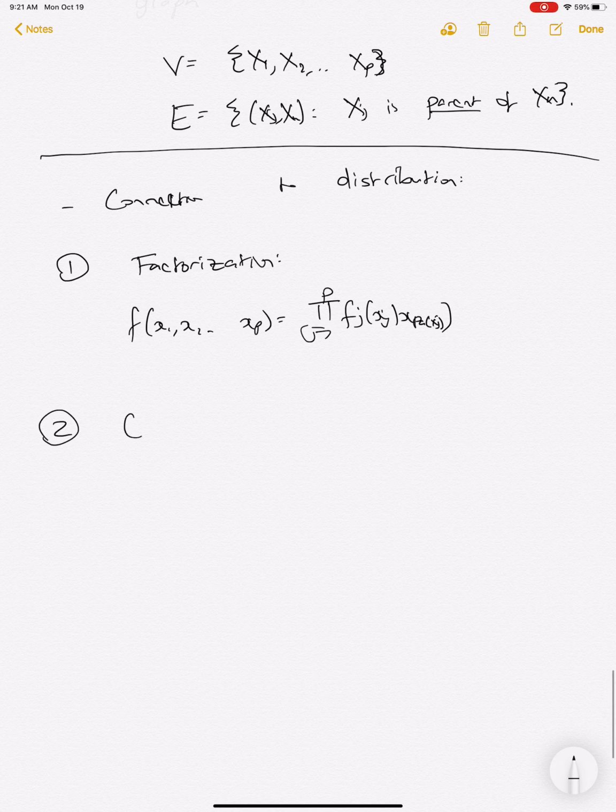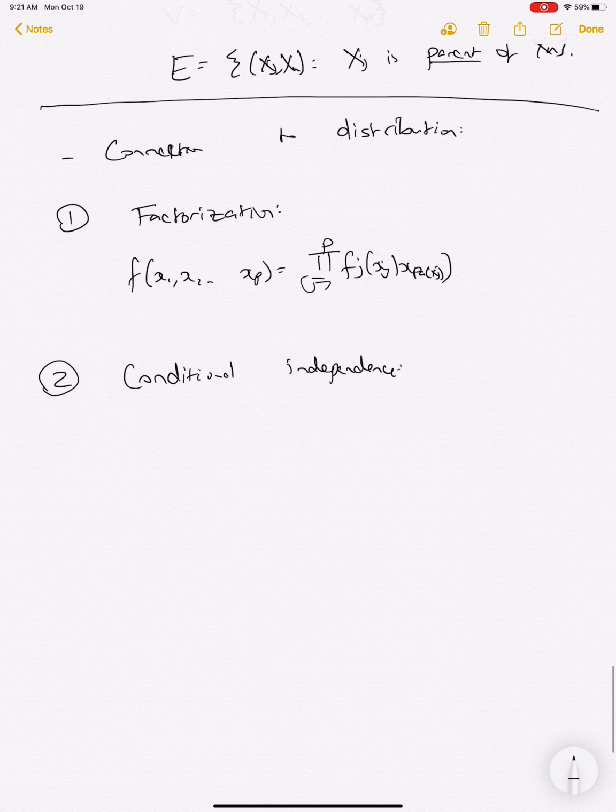And then there's also this important connection through conditional independence, which is that xj is independent of xk given the parents of xj union the parents of xk, but not including the points xj and xk.